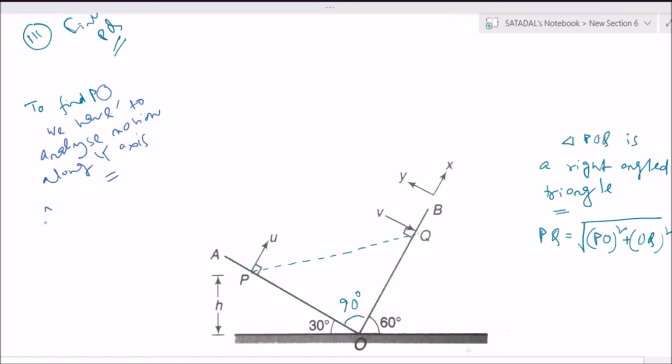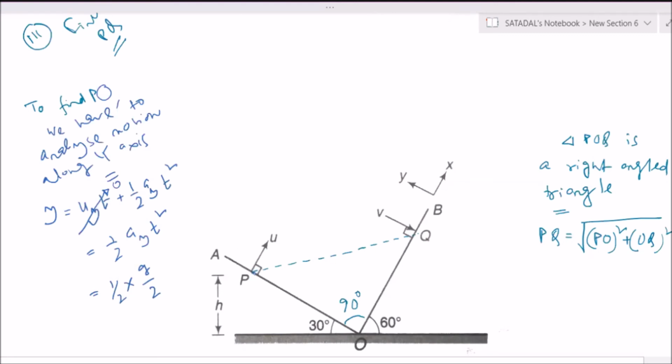Check. Y is equal to uy into t plus half ay into t square, out of which uy is 0. So it only comes to be half ay into t square. What is the value of ay? Ay value is g by 2. We have already seen it previously. G sine theta.